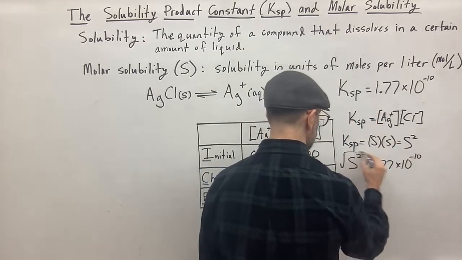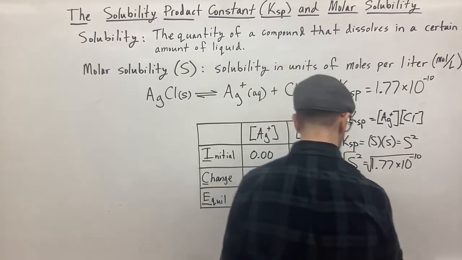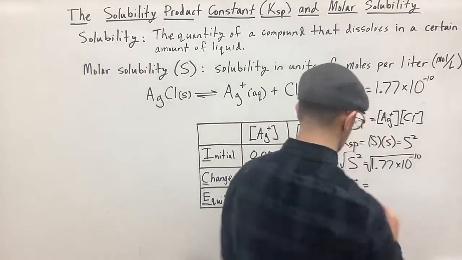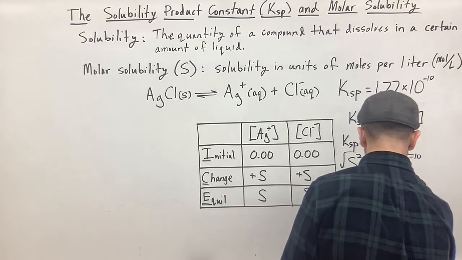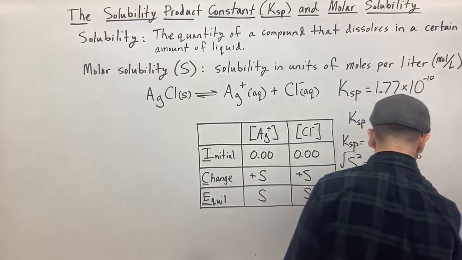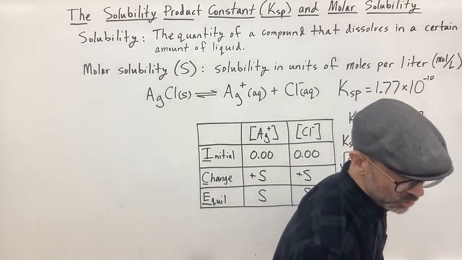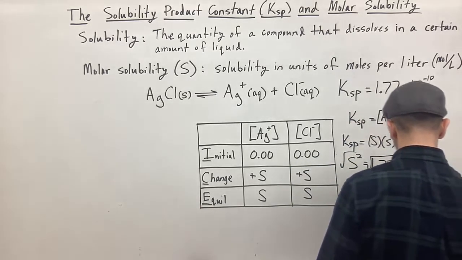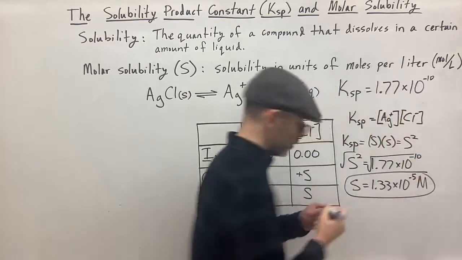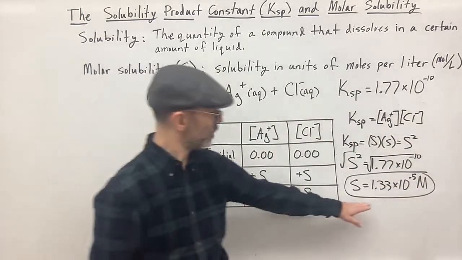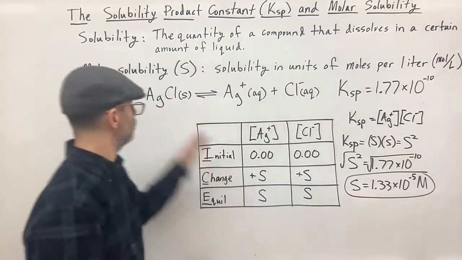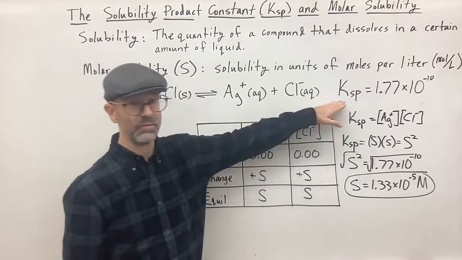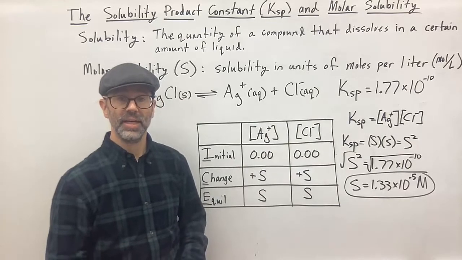Take the square root of both of these, and you get S is equal to 1.33 times 10 to the negative 5 molar.